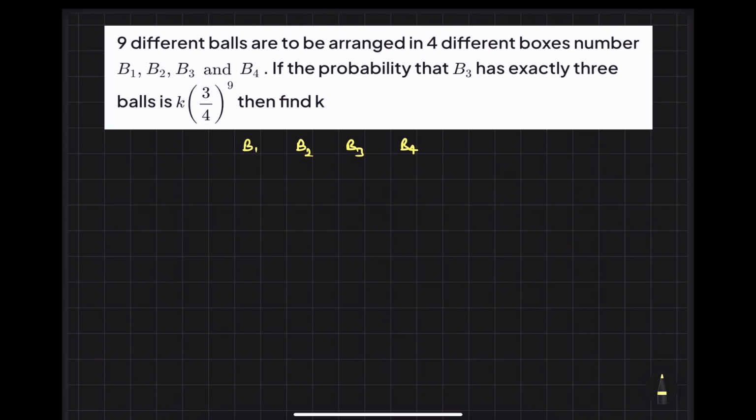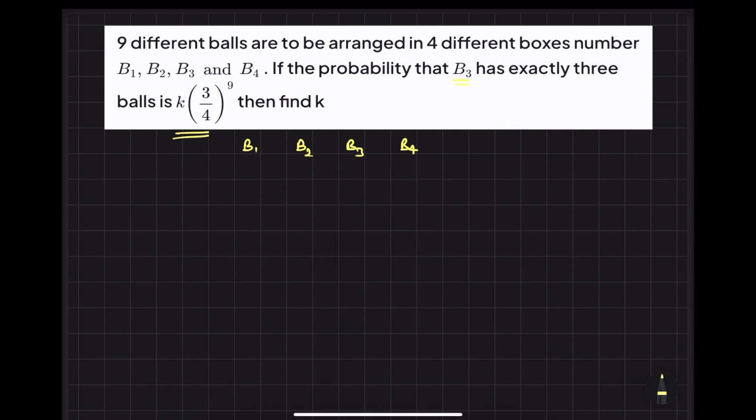If the probability that the bag B3 has exactly 3 balls is already given, then find the value of K.